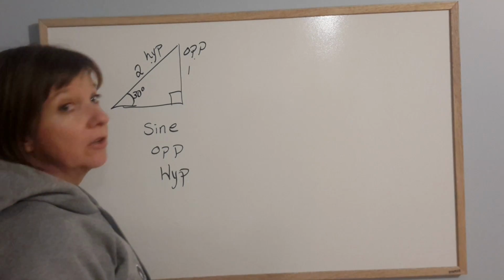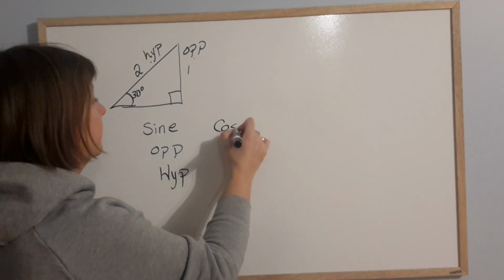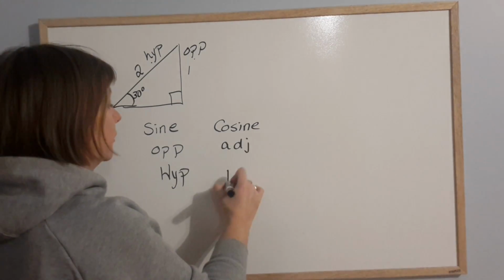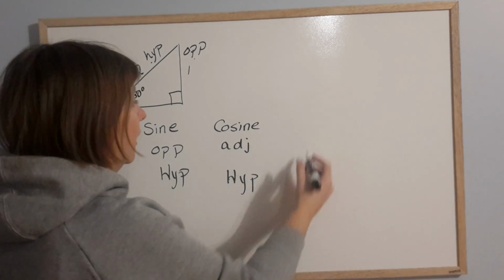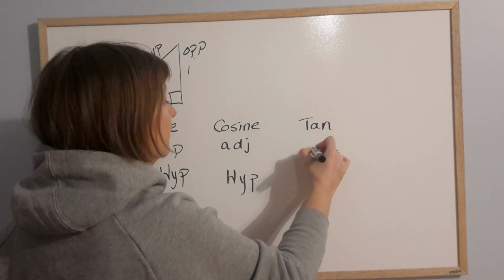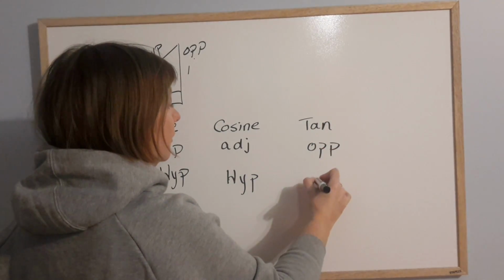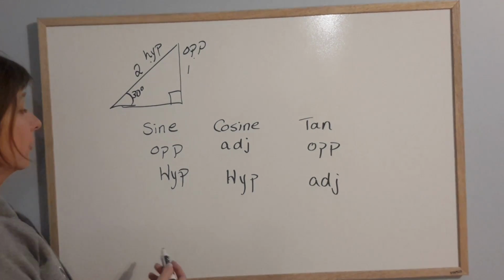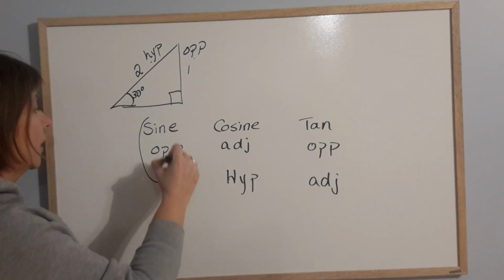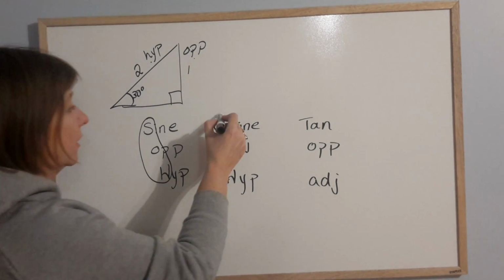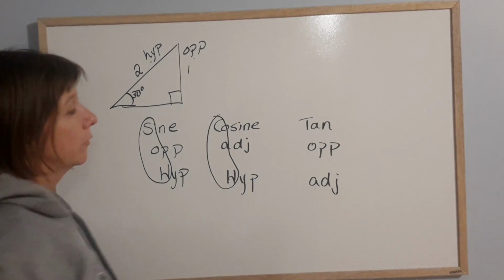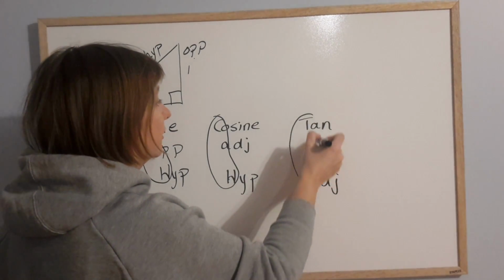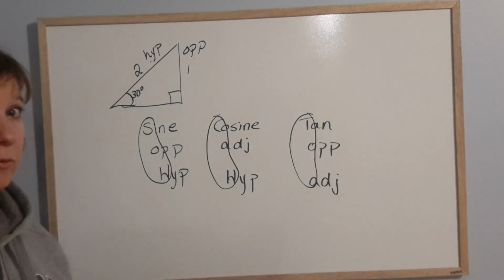There's another ratio that is cosine, which is adjacent over hypotenuse, and tangent is opposite over adjacent. So this is where SOHCAHTOA comes from: S-O-H, C-A-H for cosine is adjacent over hypotenuse, and T-O-A, tangent is opposite over adjacent.